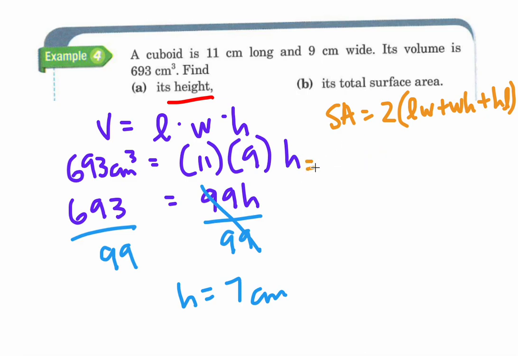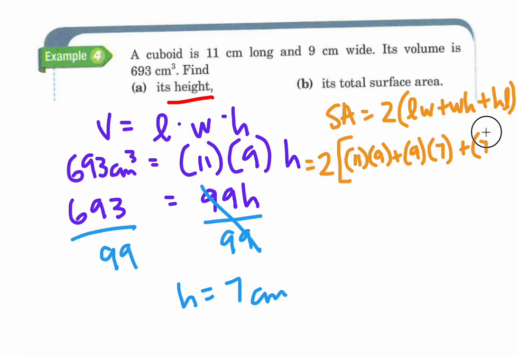And instead of using a parentheses, let me use a bracket to show that these are separated. Length, again, was 11 times width is 9, plus width 9 times height 7, plus height 7 times length 11.